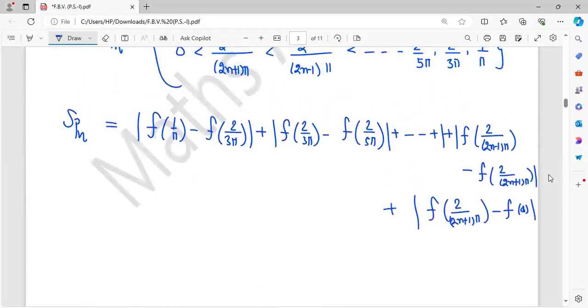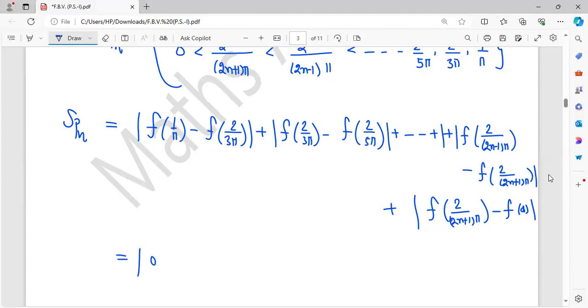So what is this? f at 1 upon pi, what is the value of this? It is 0. This is pi minus.